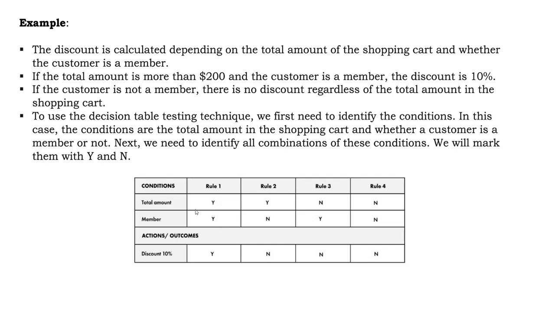This is one rule. In that case, should the discount be applied? Yes, so mark it as yes. Another rule: the total amount is 200 and the customer is not a member. Should the discount be applied? No. Another rule is where the total value is less than 200.